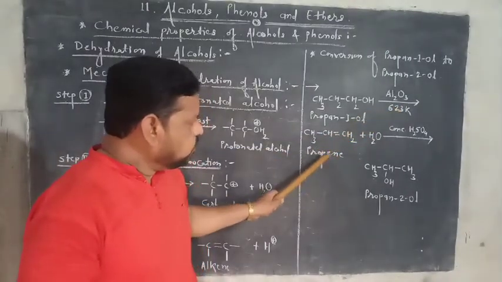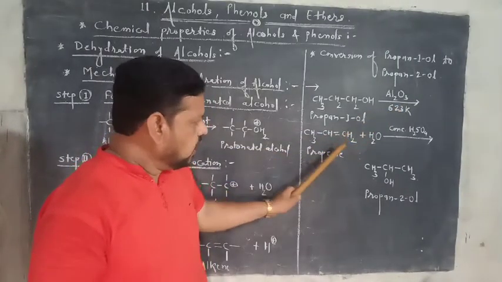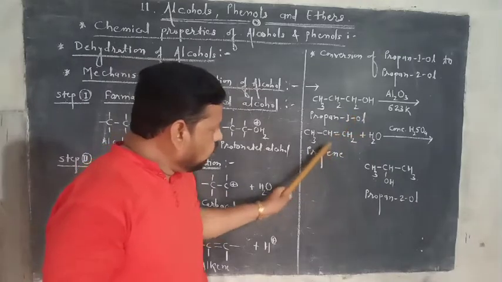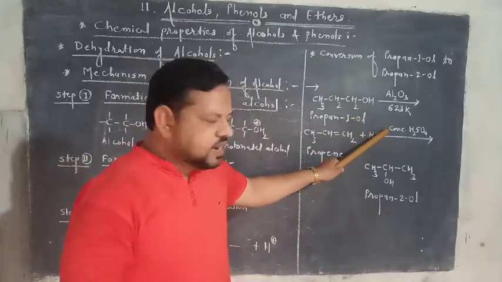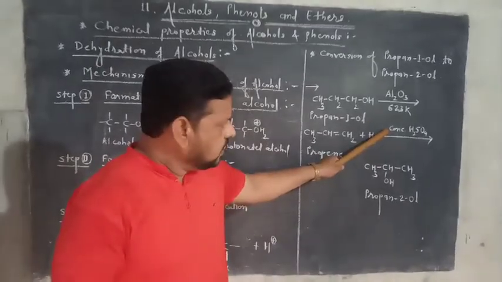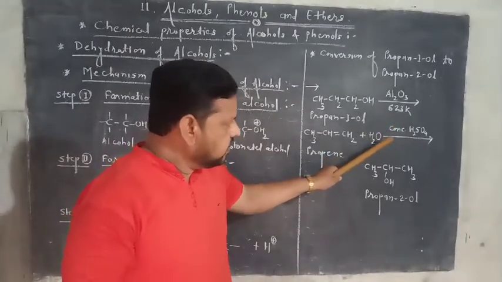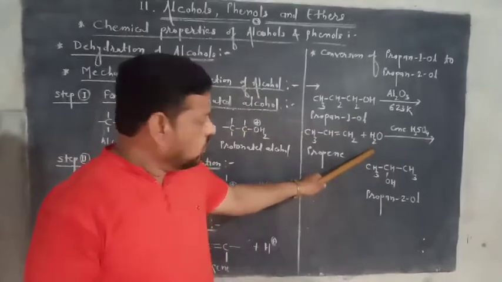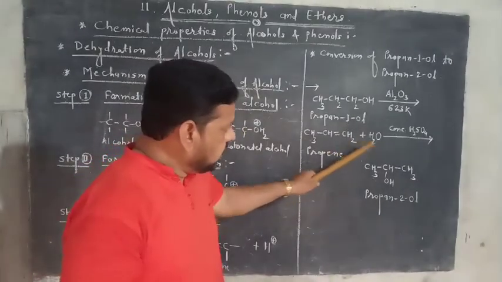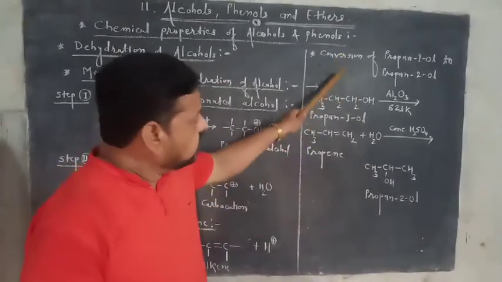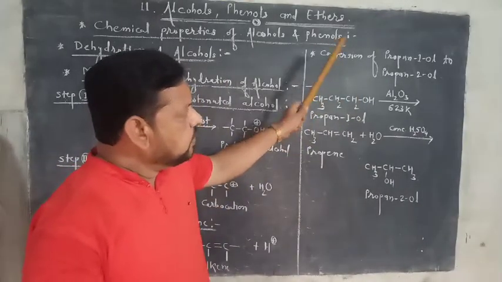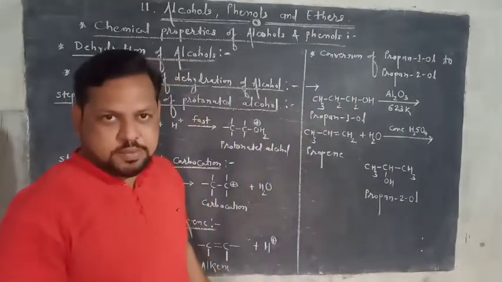Then it gives propene and water. Then this propene is heated with concentrated H2SO4. We have already discussed this in the hydration of alkene. And this propene gives propan-2-ol. This conversion is frequently asked in the examination.